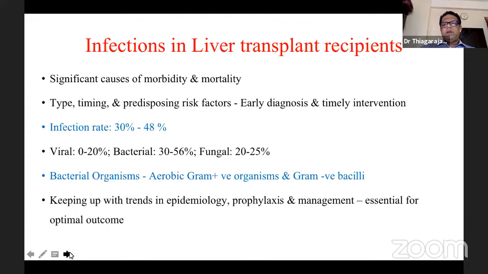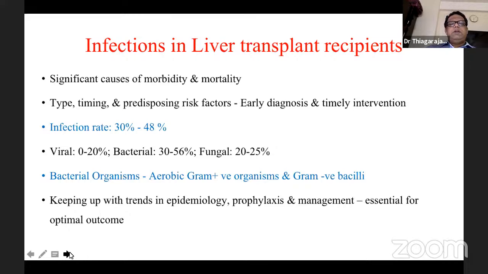The commonly reported post-transplant infection rate is close to 30 to 50% overall, and bacterial infections account for most of the infections. The commonest bacterial organisms include gram-negative bacilli and aerobic gram-positive organisms.